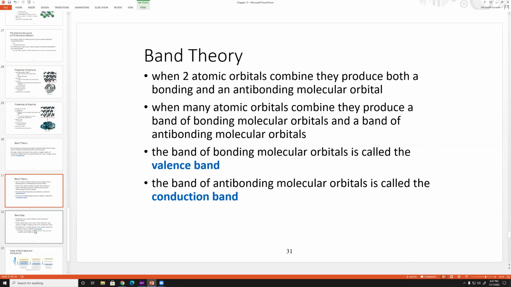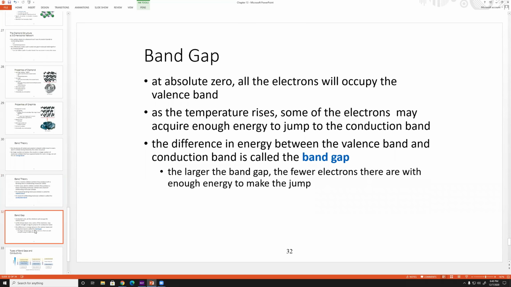Basically, if you remember back to molecular orbitals, bonding versus antibonding, when you have all bonding, it makes the bond order higher. So your valence bands are higher. But if you have a lower number, then you can have a lower bond order that leads to more of a conduction band. So the difference in those is the band gap.